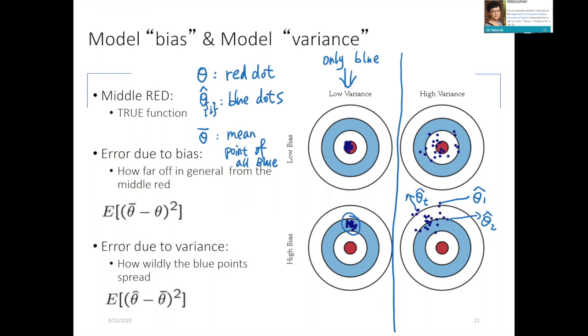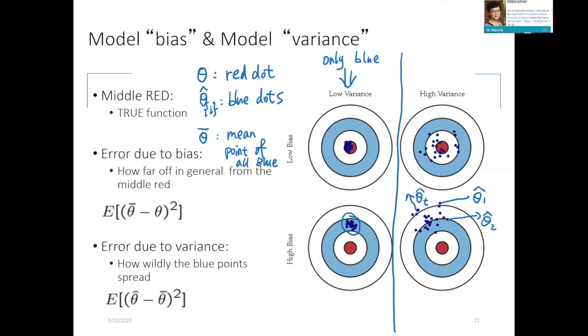The reason why the first column is low variance is because the mean is very close to all the blue points. If you have a question, type in the chat. I think it's very apparent: low variance means that the mean point is close, and this blue cloud is not spreading too wildly.